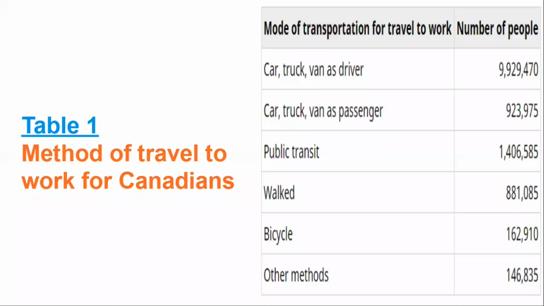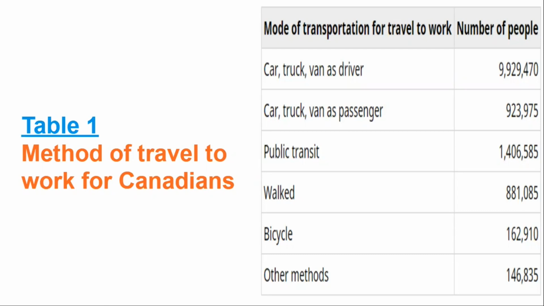You can see that we present the method of travel to work for Canadians: car, truck, van as driver, or you can use all those means of transportation as passenger, even if it's a car, truck, or van.